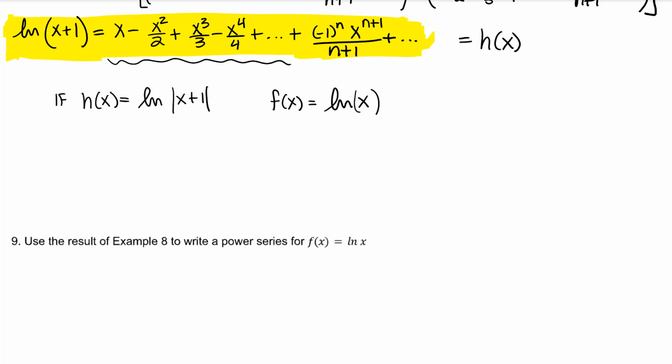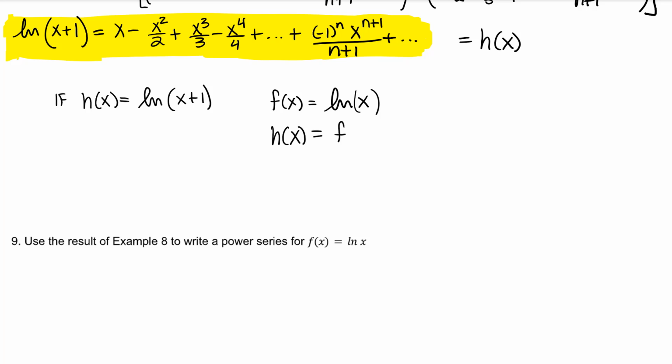If h of x is ln of x plus 1, how am I going to rewrite that series so that I now have a series that represents just ln of x? What transformation is happening from h of x to f of x?